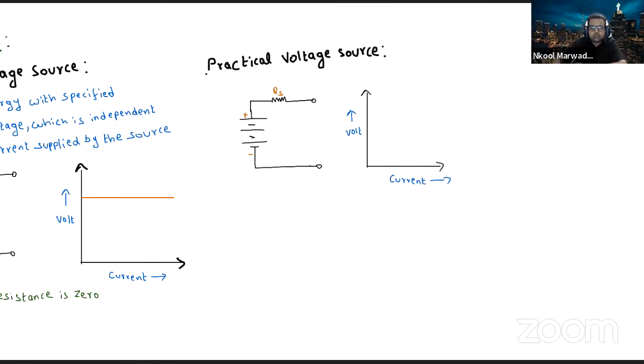This should be the ideal behavior. But unfortunately, this is what we get. So this is the practical voltage source.